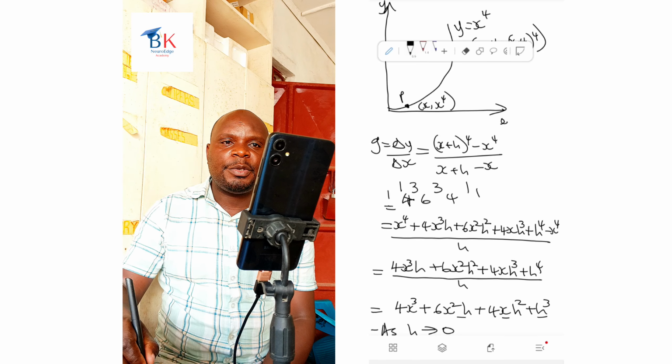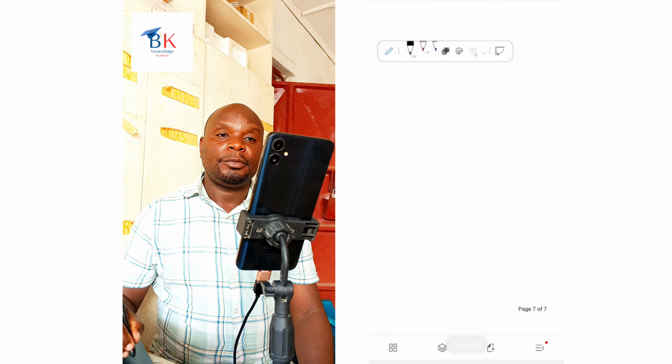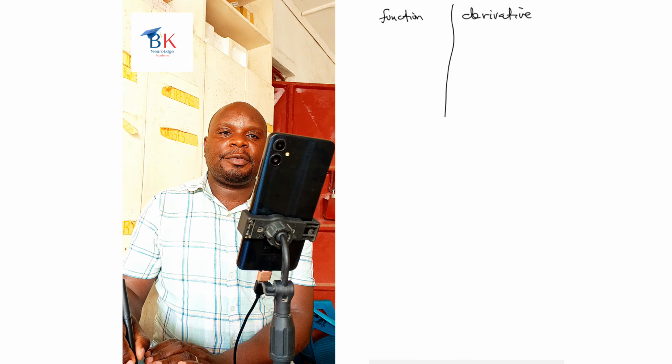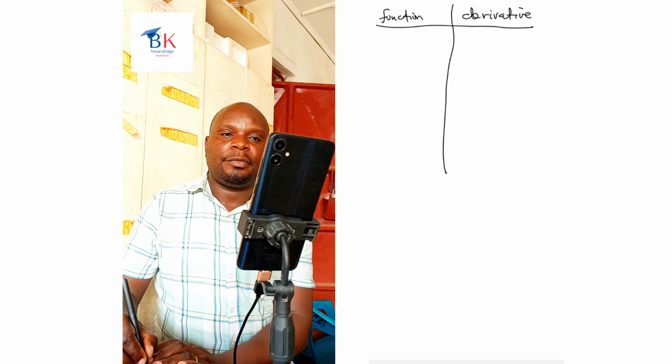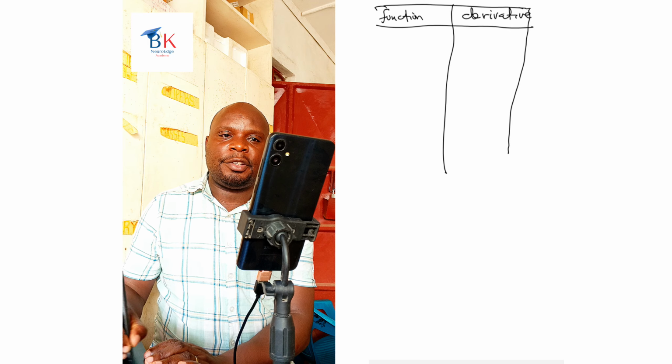So this is the conclusion that we can make in form of a table. We write function and then the derivative, or the gradient function. The derivative is the gradient function.